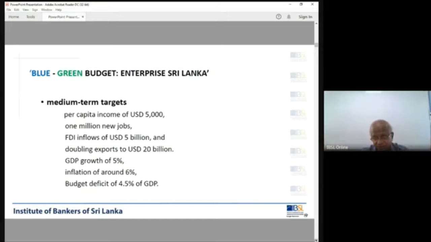1 million new jobs within 3 years, nearly 333,000 jobs per year. FDI inflows of USD 5 billion in 3 years. Doubling exports to USD 20 billion. In 2018, export value was around 10 billion. At that time, they had the target to double exports to 20 billion. Still, we haven't doubled.